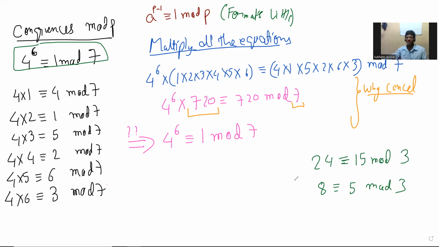You see, I am able to cancel 3 and this is true. But can anybody give an example where you cannot cancel? Please think of some example. I mean, this seems to be a coincidence.